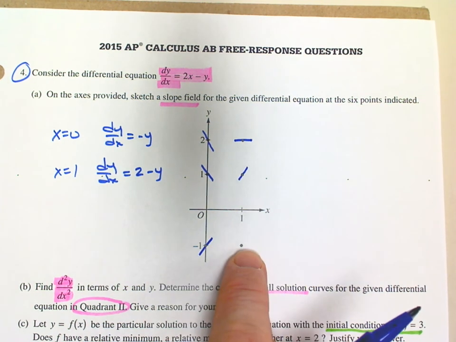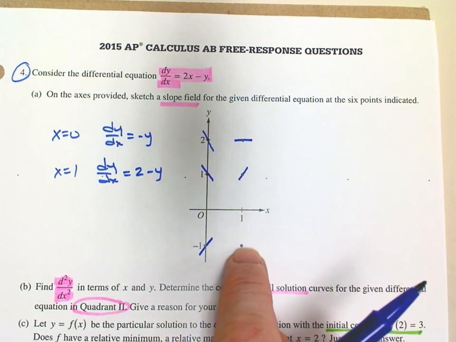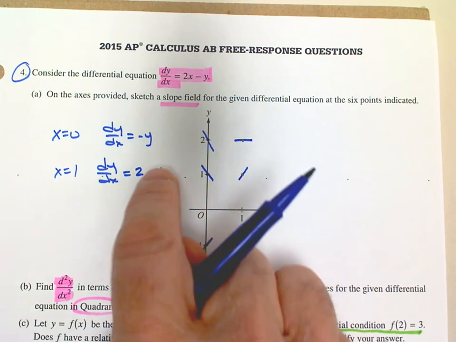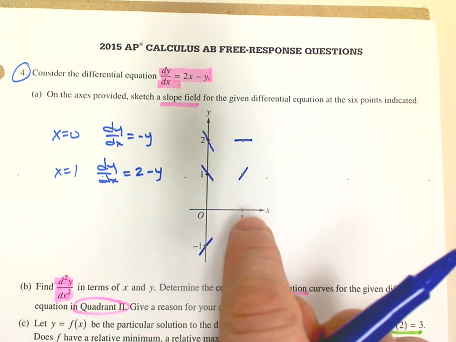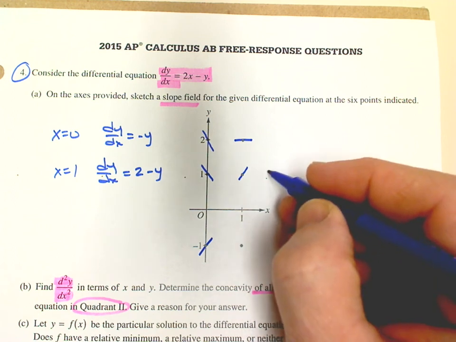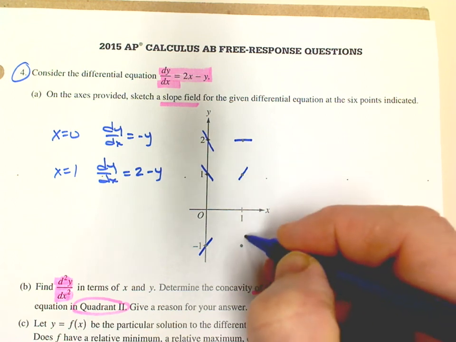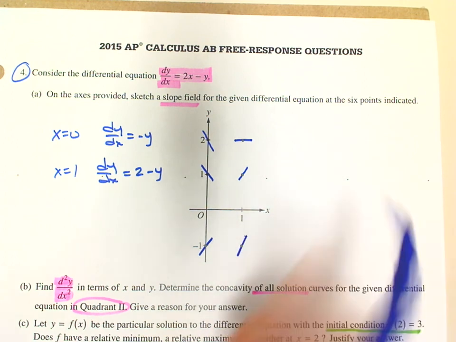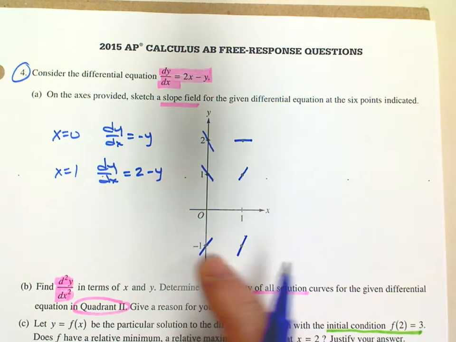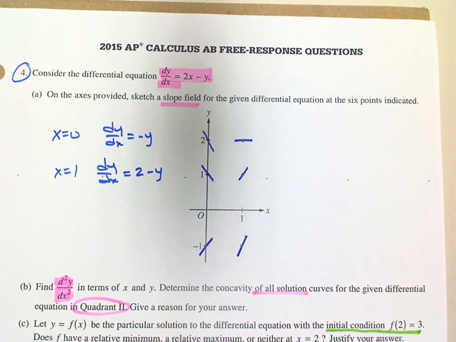No dots here, 1 dot here, 2 minus a negative 1 is going to give us a slope of 3. So this one should be kind of going up in this direction. It should be steeper than that last one. Okay, so this is worth 2 points on this problem just by doing that slope field.